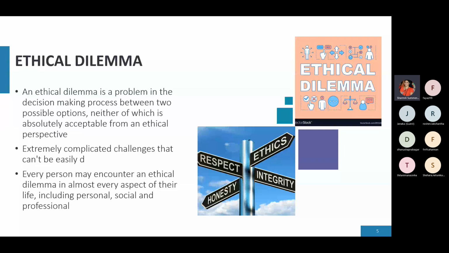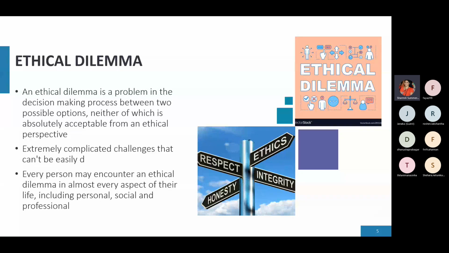So there is no ethics, only the dilemma. You are in a critical state to choose a decision. But an ethical dilemma means both ethics and dilemma are incorporated and form one new combination. It is an ethical dilemma.